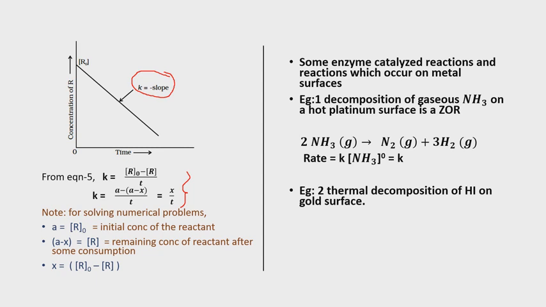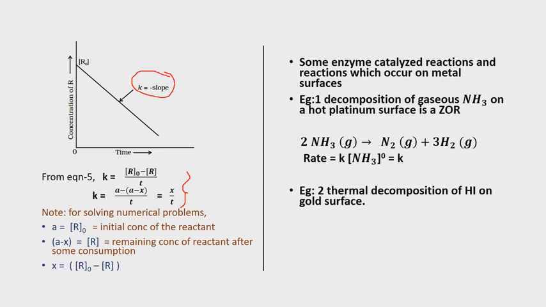It is a zero order reaction. Rate equal to K into NH3 power 0. It is a zero order reaction, so that we are putting 0 on NH3. NH3 power 0 equal to 1, rate equal to K.